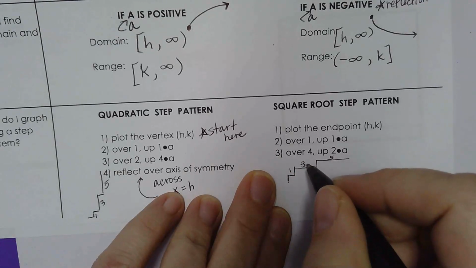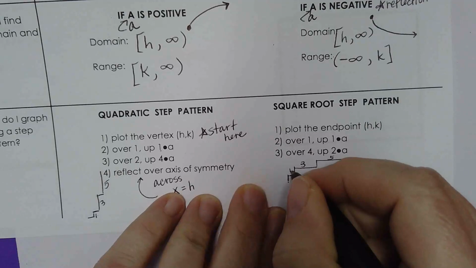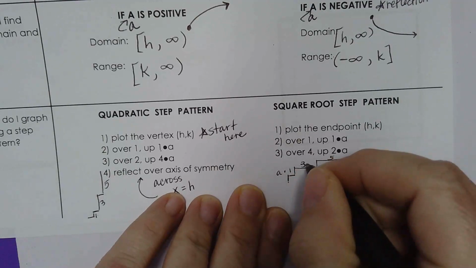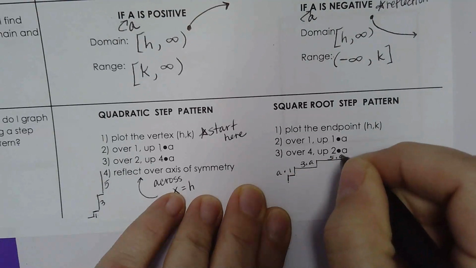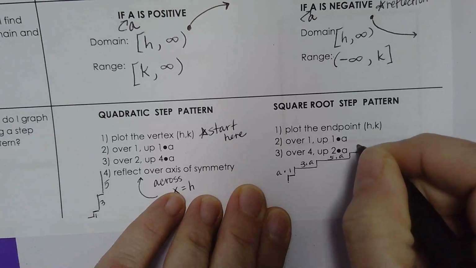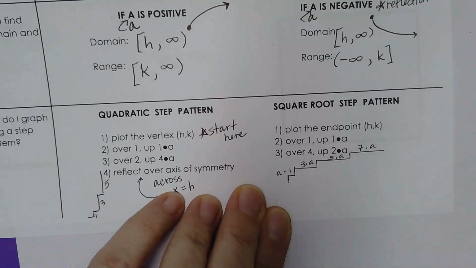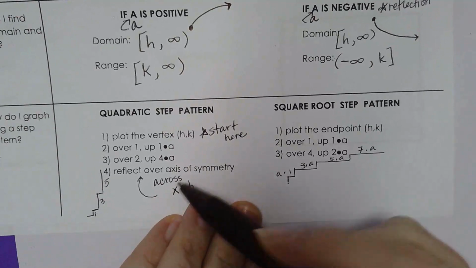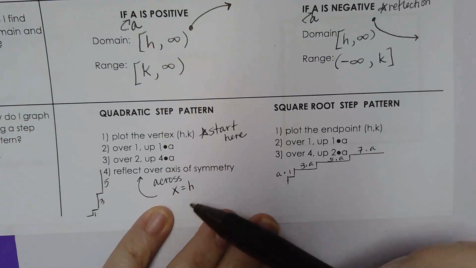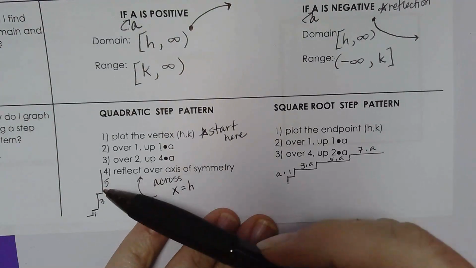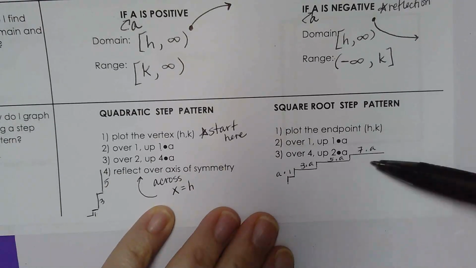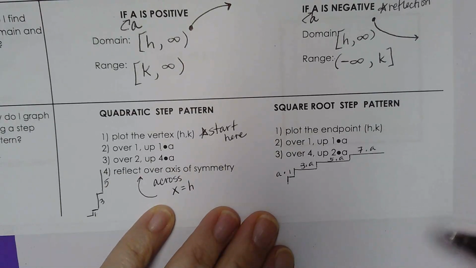And these are all times a. 1 times a, 3 times a, 5 times a, 7 times a, as it did, but instead of the y growing so quickly, the x grows more quickly.